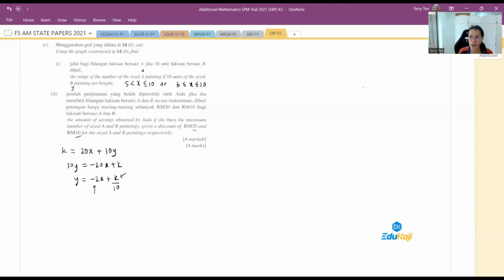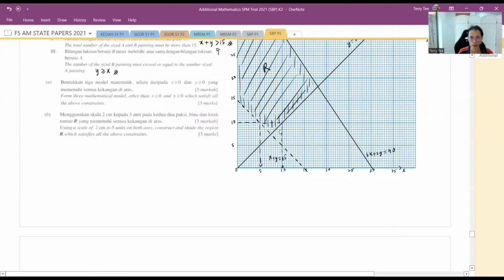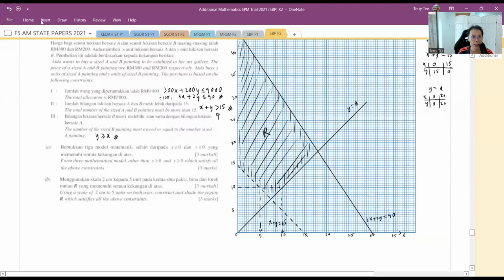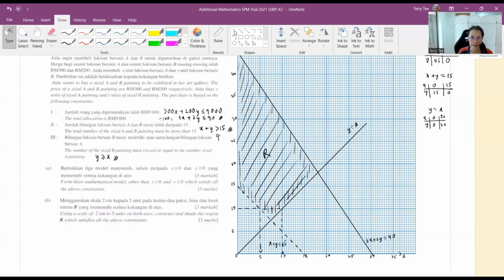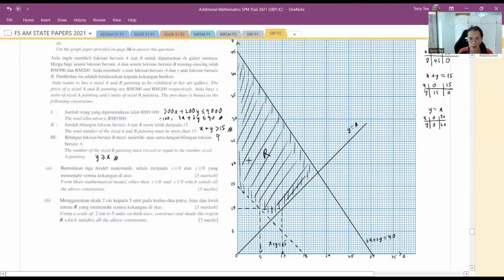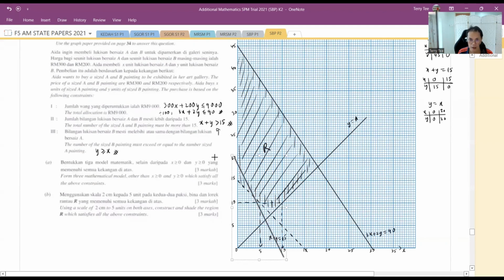So let's draw a line with a gradient of -2 on your graph. Okay, gradient -2 is very easy. We look at your ratio of y over x. It must be 2 to 1. You can draw any length at any side. I like to use maybe 20 and 10. So this ratio must be 20 to 10. You see that, right?